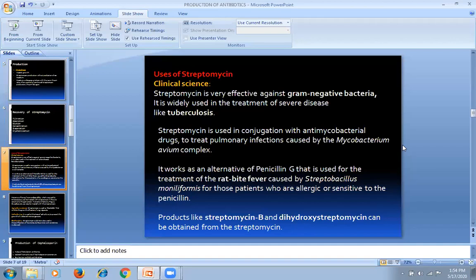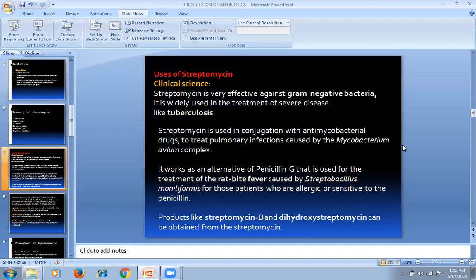It's used in conjunction with anti-mycobacterial drugs to treat pulmonary infections caused by Mycobacterium avium complex, and it works as an alternative to penicillin G, which is used for treatment of rat bite fever caused by Streptobacillus moniliformis, for those patients who are allergic or sensitive to penicillin.